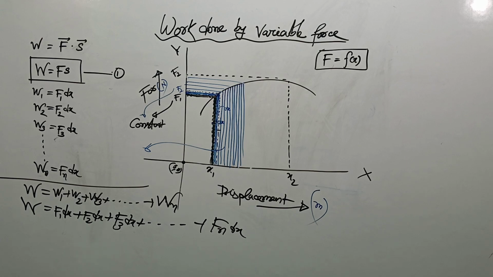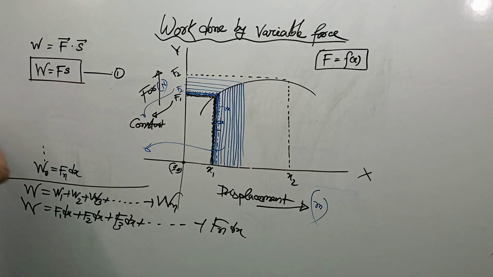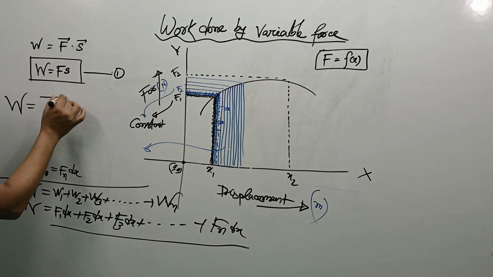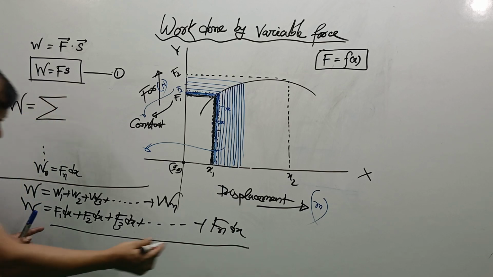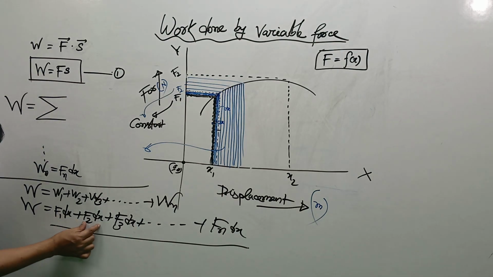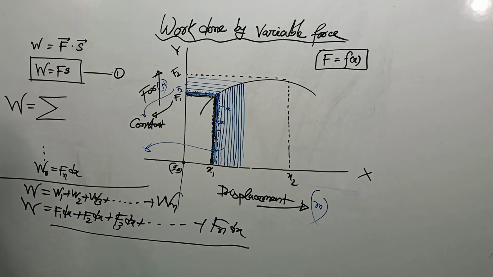We can represent this equation with a special notation. This is the total work, so we write it with the summation notation. This is the summation of all the very small works. If we sum all the very small works, then we get the total work.